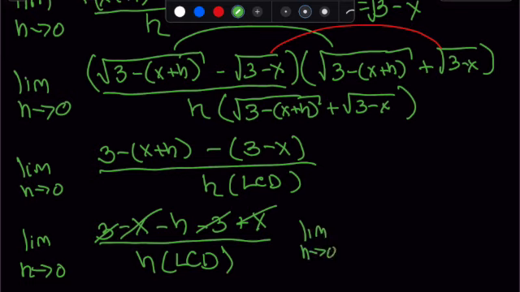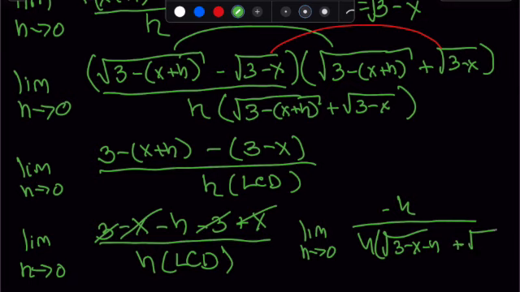When this h goes to 0, negative h, like a double negative, all over h times the LCD. Well, I'll go ahead and write it this time because now I guess we need it. So the square root of 3 minus x minus h plus the square root of 3 minus x.